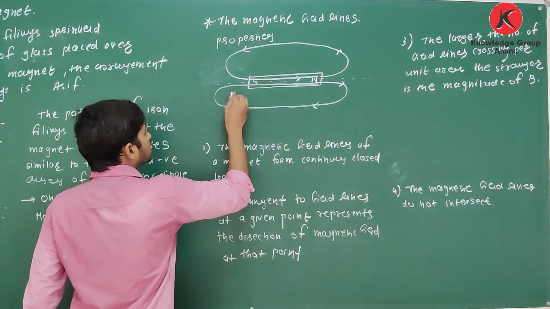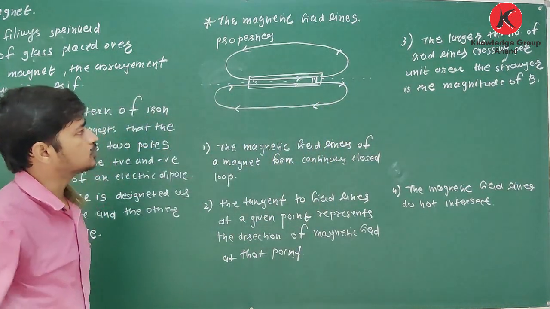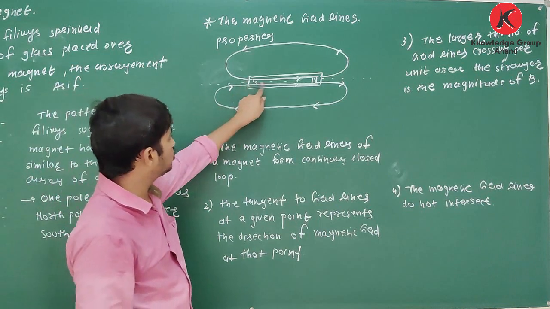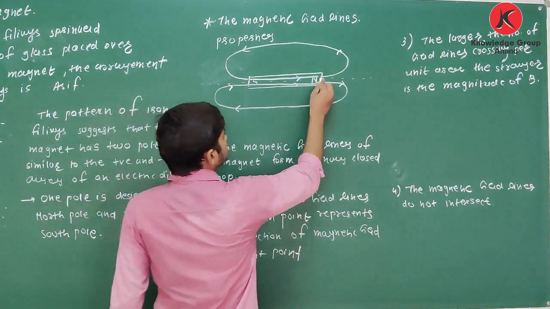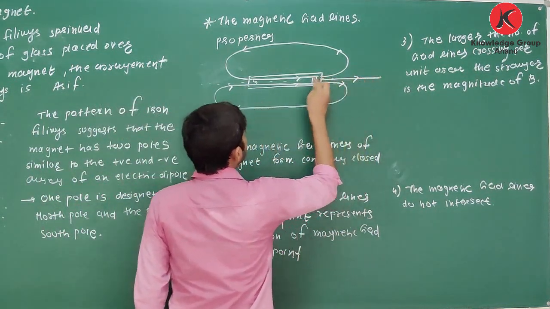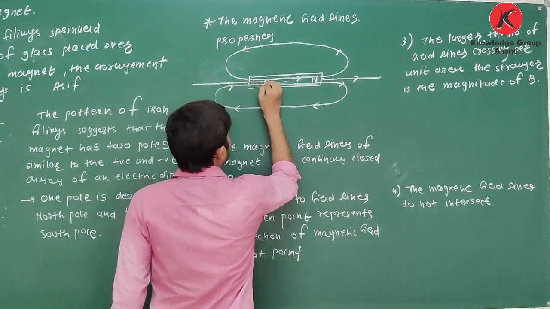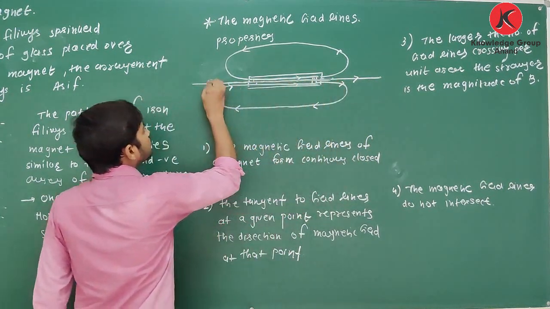Clear? On the axis, the magnetic field is in this direction.